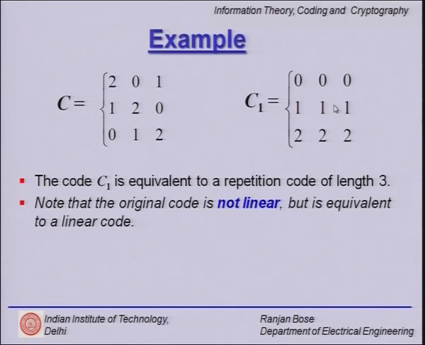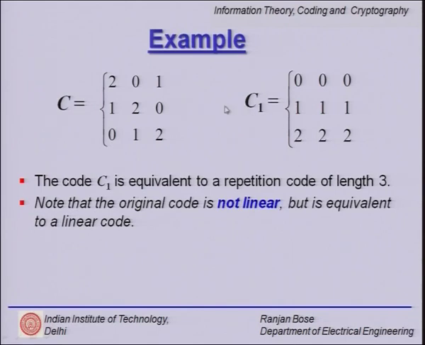What does it mean? Well, the all 0 code word is a valid code word. The sum of any two code words, 1 plus 2 0, 1 plus 2 0, 1 plus 2, so the sum of these two is this, and the sum of 1 1 1 with 0 0 0 is itself, and so on and so forth. So you can check that any pair when added together yields another valid code word.